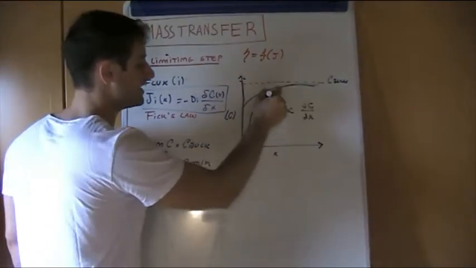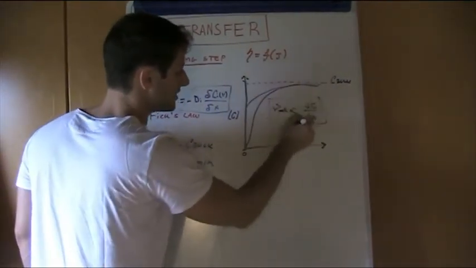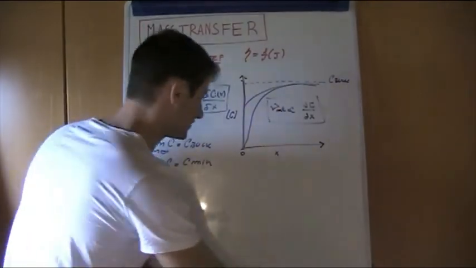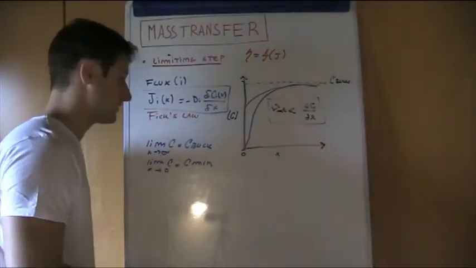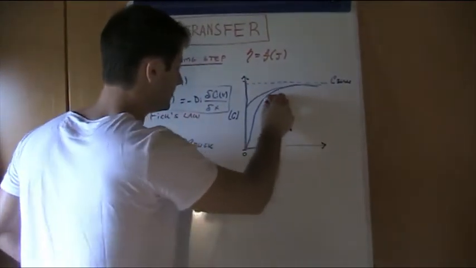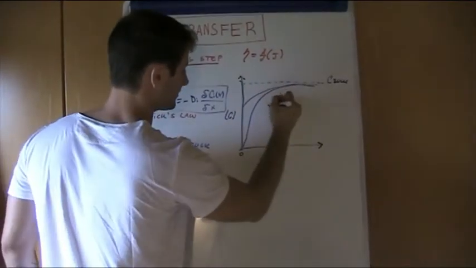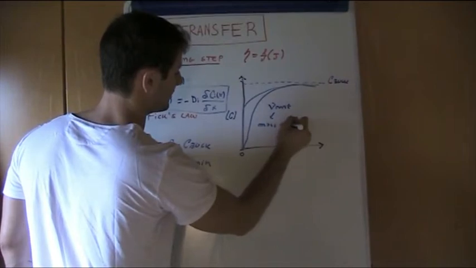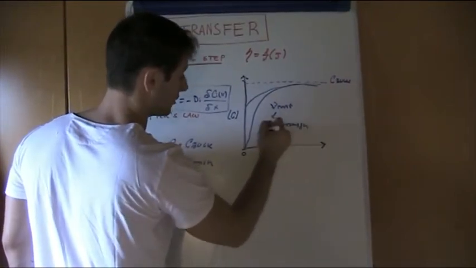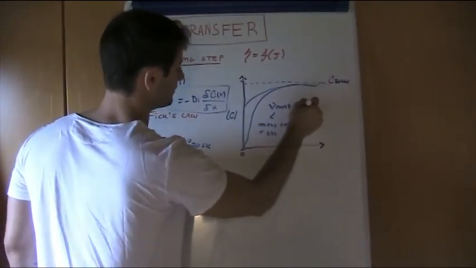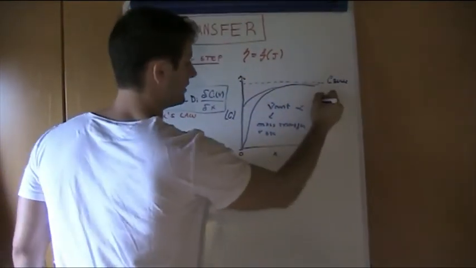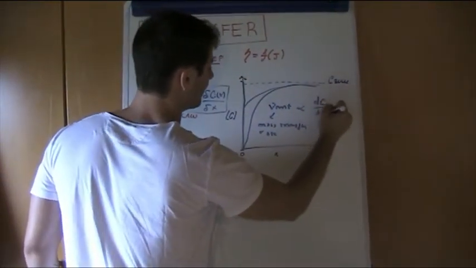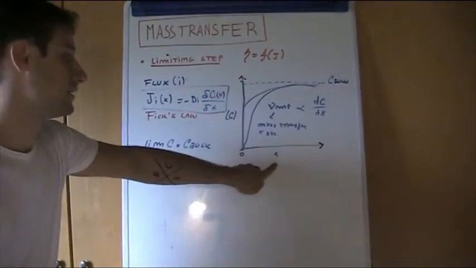Why am I saying that the mass transfer speed, let me write it better, this is the mass transfer rate, if we want to be more precise, is a function of the variation in concentrations for a variation in space.